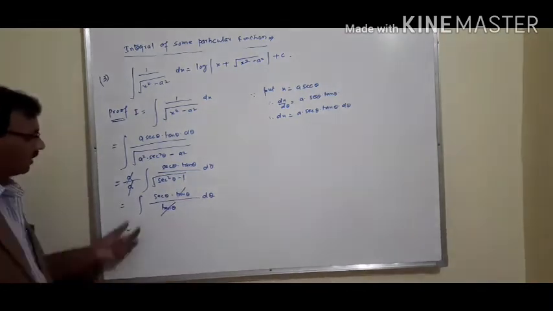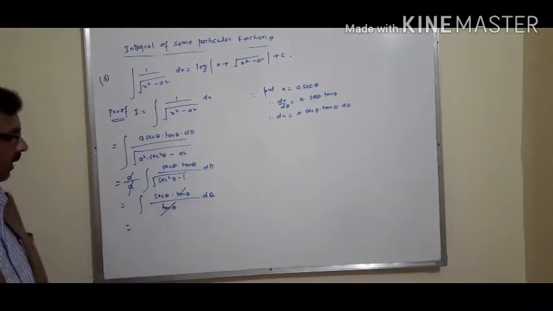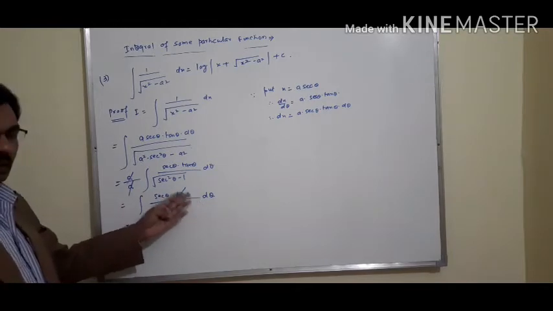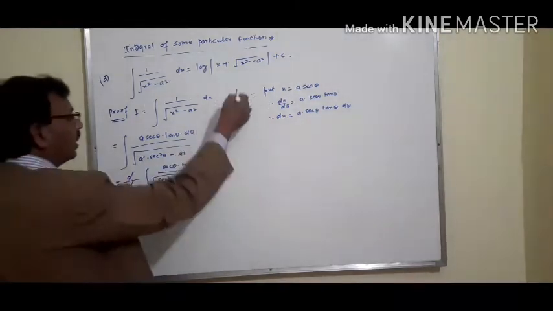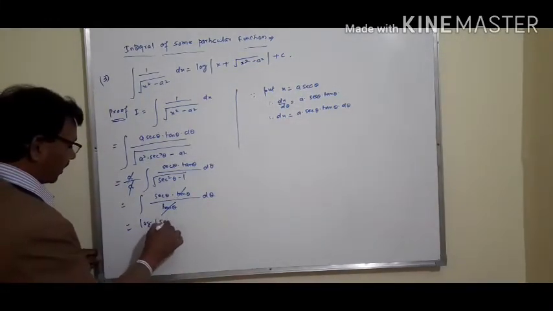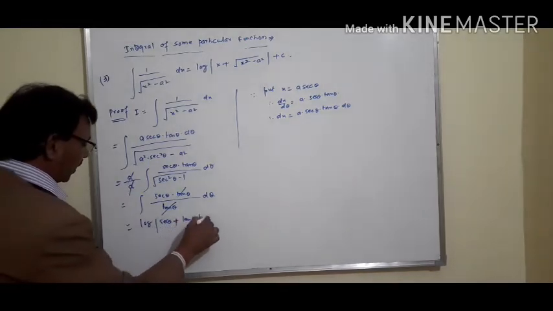Now you can see the integration of sec theta into d theta. As you know, we already discussed in the previous video that the integration of sec theta into d theta will be log of sec theta plus tan theta plus c.